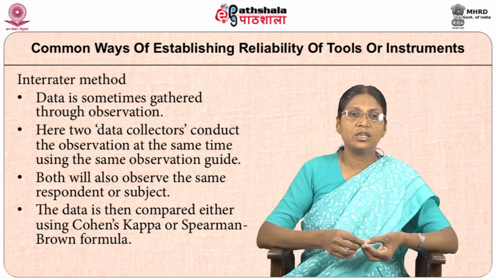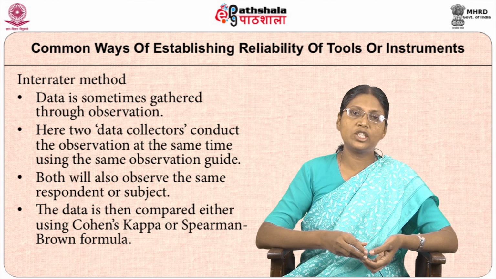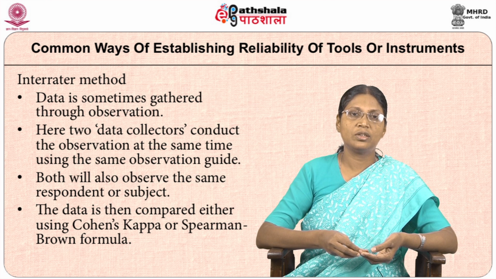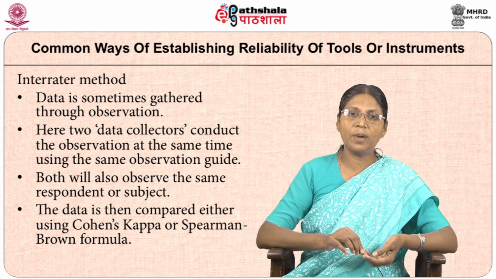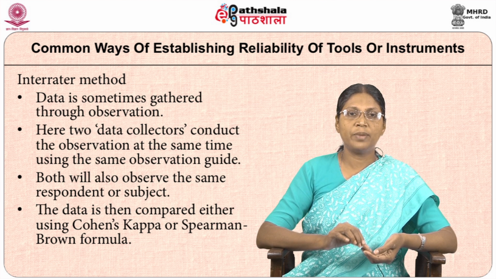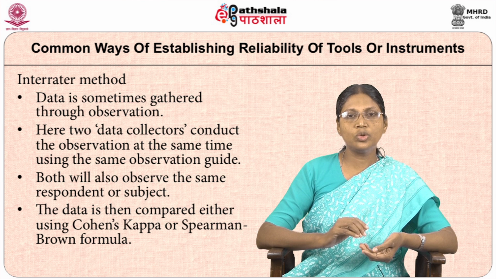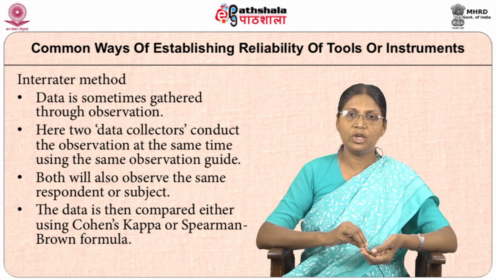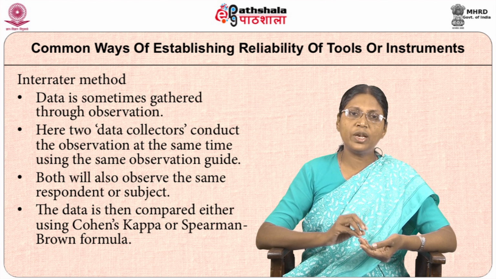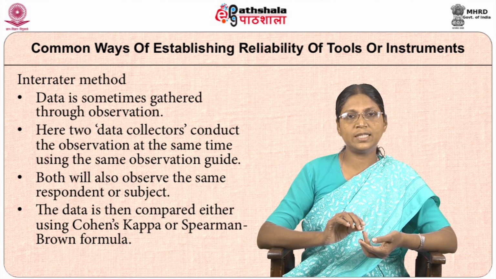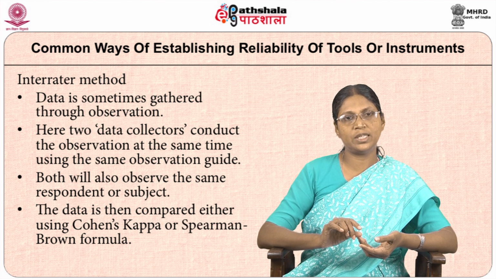Inter-rater method. Sometimes data is collected by observation. To ensure that there is no bias from the data collector, the inter-rater method is used, where 2 data collectors conduct the observation at the same time using the same observation guide. Both will also observe the same respondent or subject.